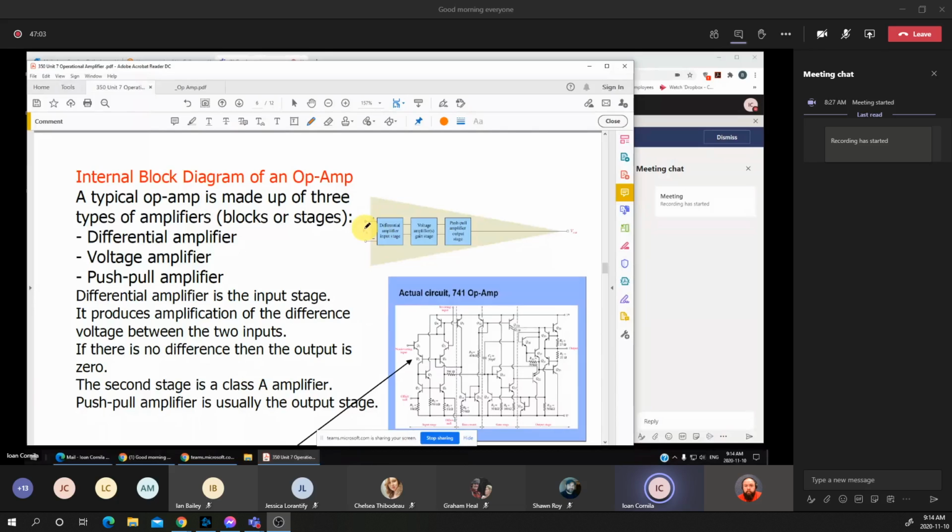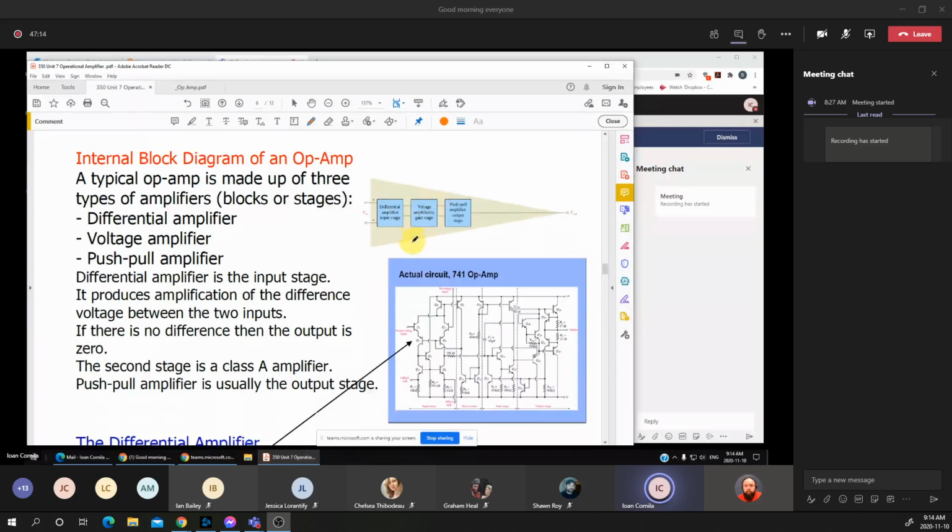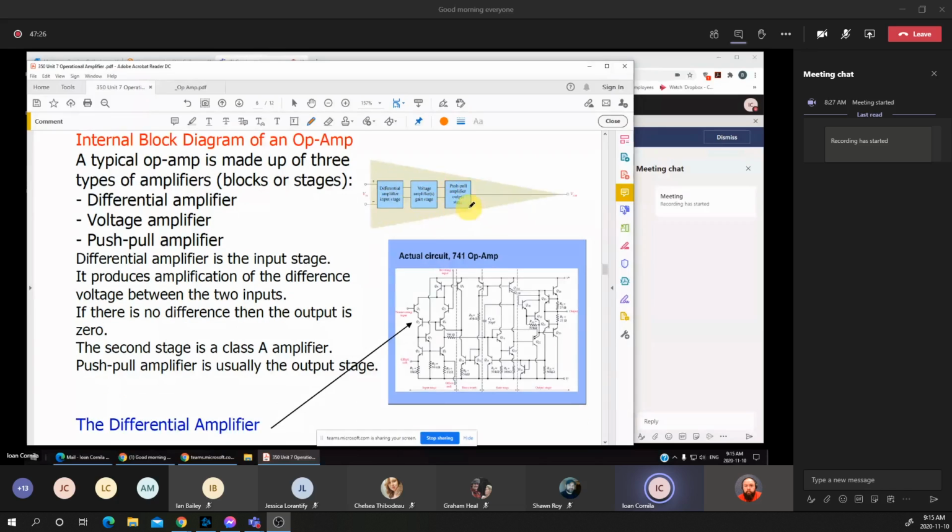The second stage is a voltage amplifier gain stage, which amplifies the difference between the two input voltages. And the last stage is called the push-pull amplifier, which has the ability of providing a certain amount of current.